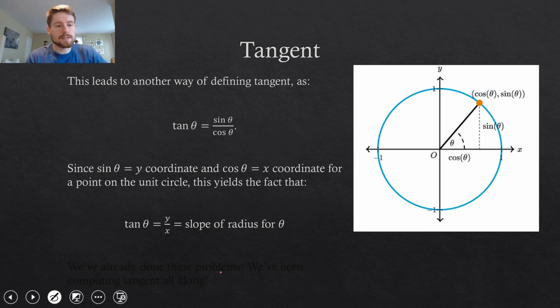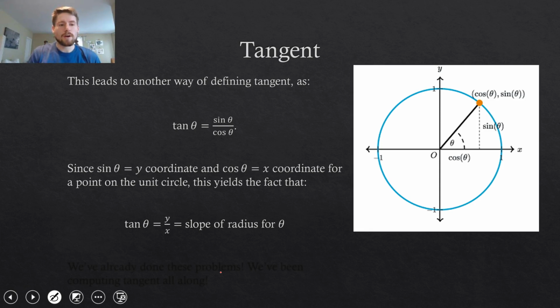Y divided by x for points on the unit circle is the slope of that radius. So now this gives us another frame of thinking about what tangent is and what the tangent means for an angle. If you were to draw that angle on the unit circle, then tangent is the slope of that radius. It's the slope of that line that the angle makes.